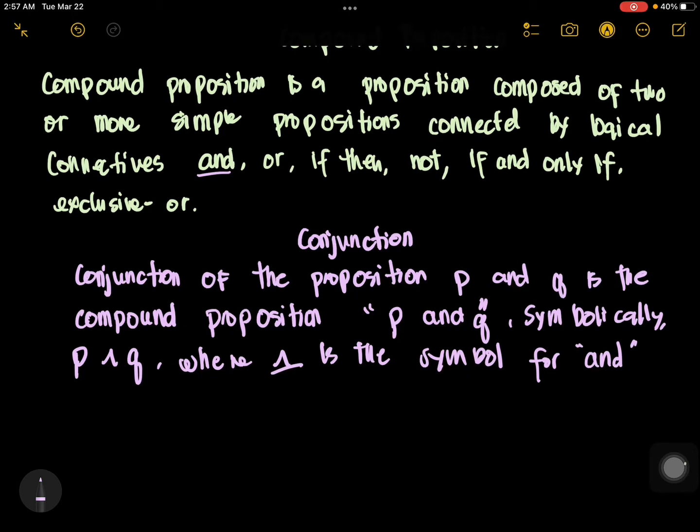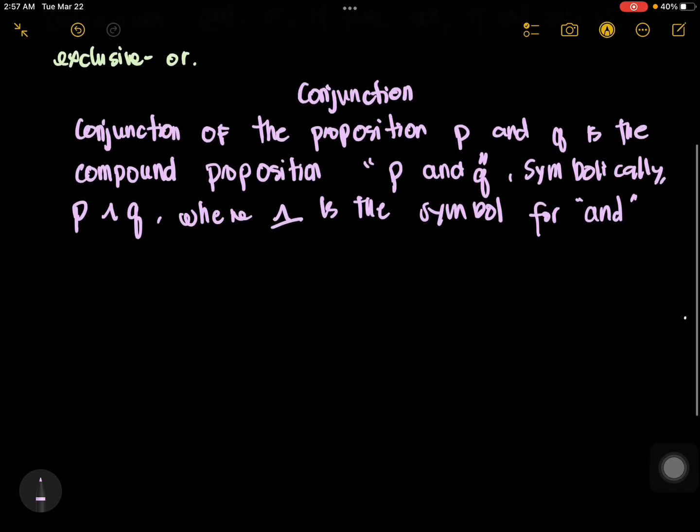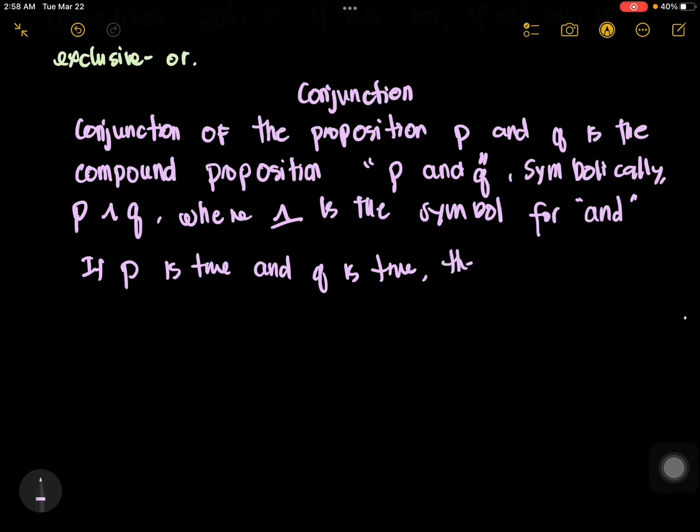So the property of this conjunction is, if P is true and Q is true, then P and Q is true.